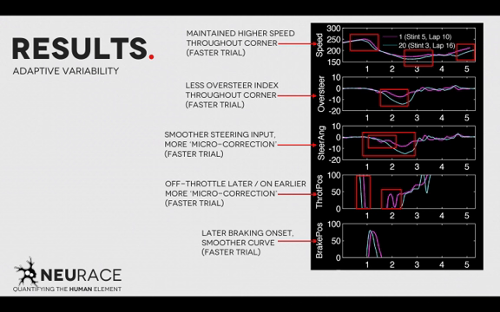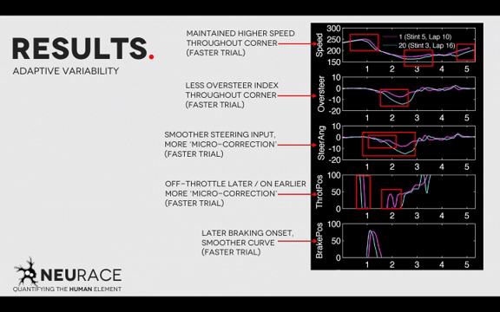And then finally, having a smoother, adaptive, and oscillating throttle input. You can see that on the fourth plot from the top, the driver is actually feathering the throttle to respond to small changes that he's picking up about wheel spin and loss of grip at the rear.